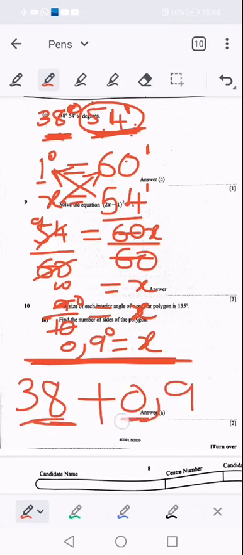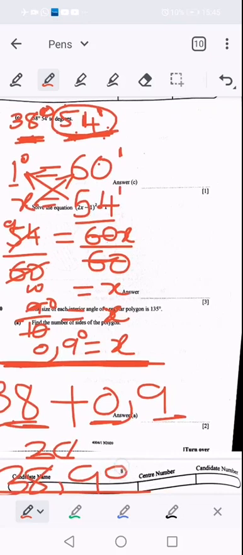So this one is a whole number, you just replace the whole number. So it is 38 plus 0,9 is 38,9. So this is our answer in degrees. That's it, then you get your 1 mark.